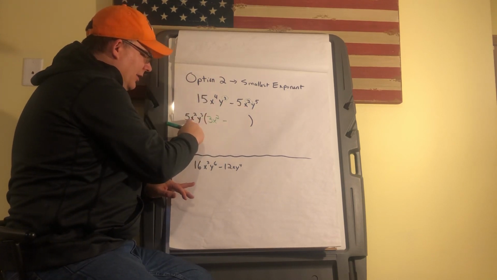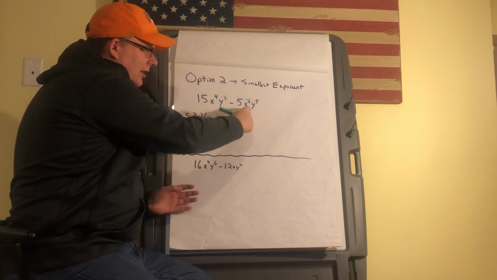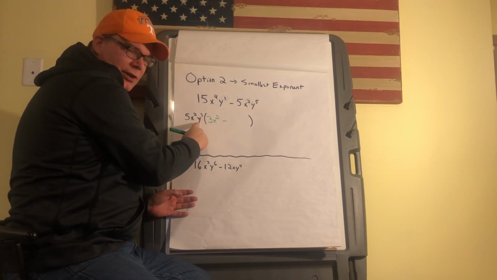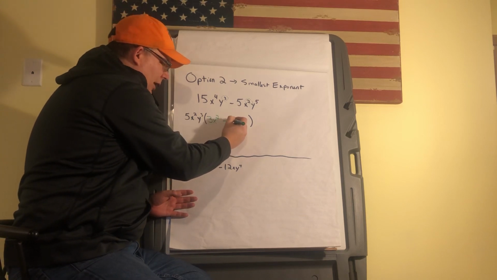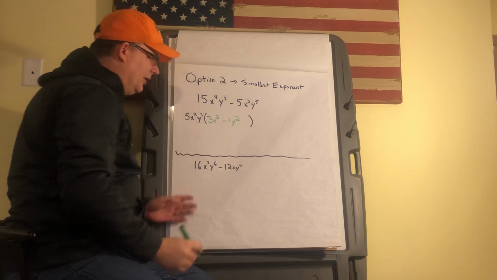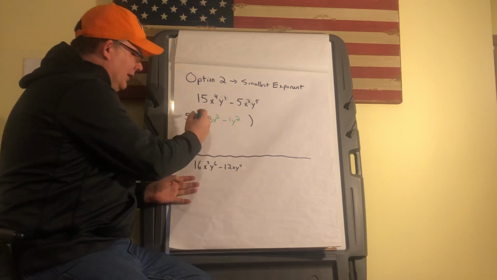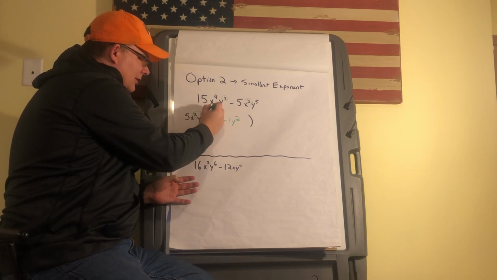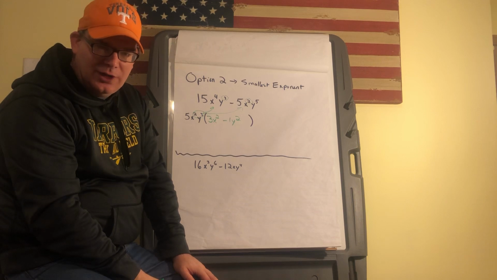X squared minus 2 gives us no x's. Y to the fifth, 5 minus 3 is 2, so we get 1y squared. So basically we're subtracting these exponents from those exponents to get to our reduced form.